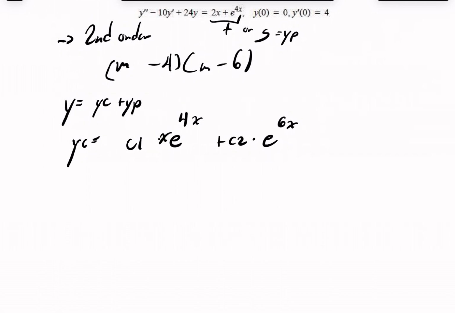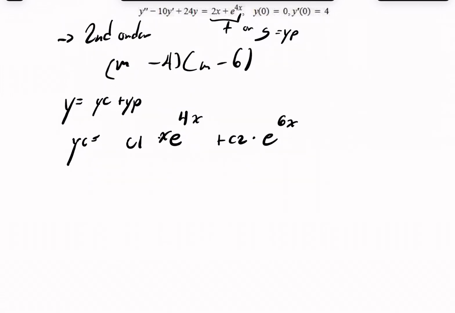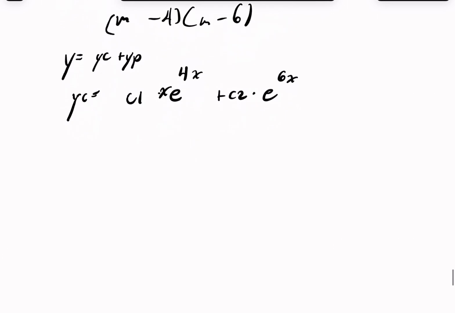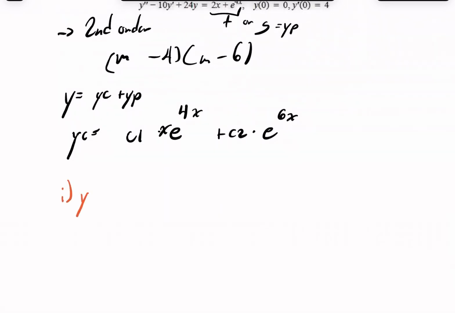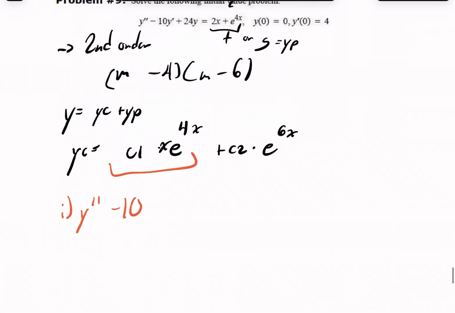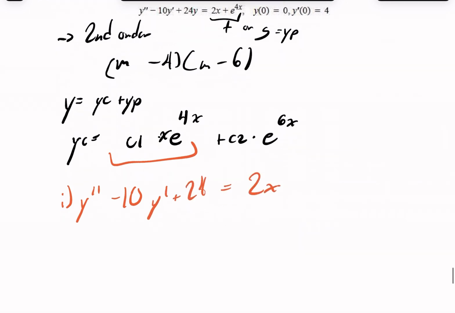Okay, so the first thing that we're going to do is address the 2x right here. I have y double prime, and we're going to circle back to this in a second, but bear with me. Minus 10y prime plus 24y equals 2x.